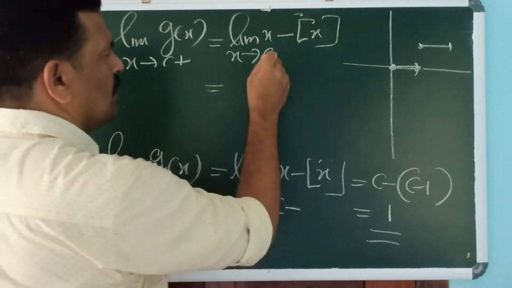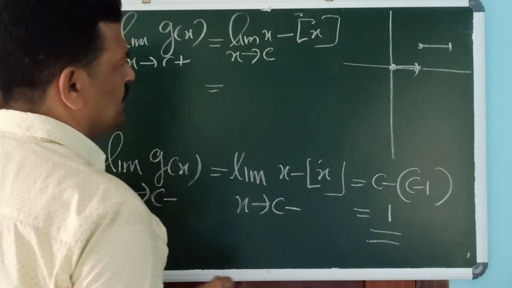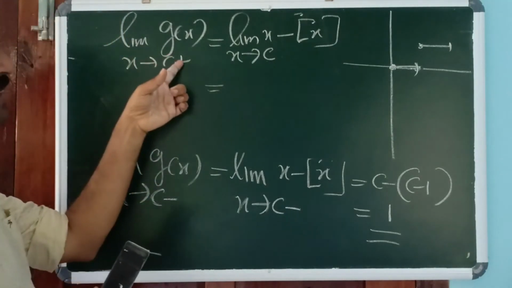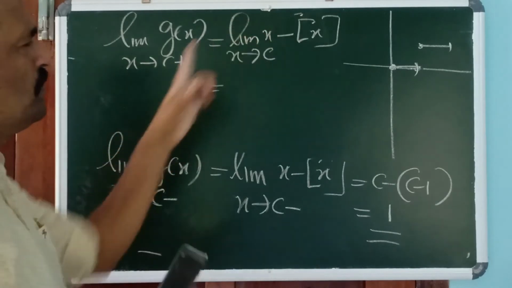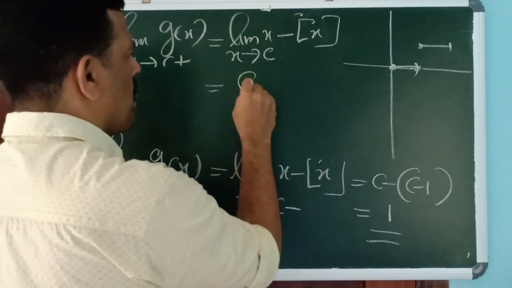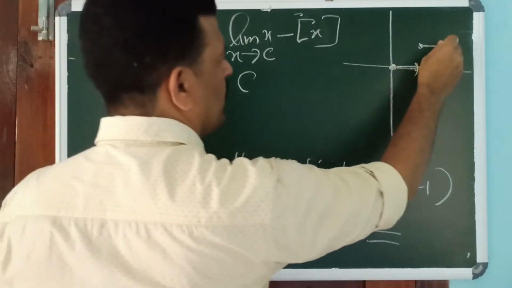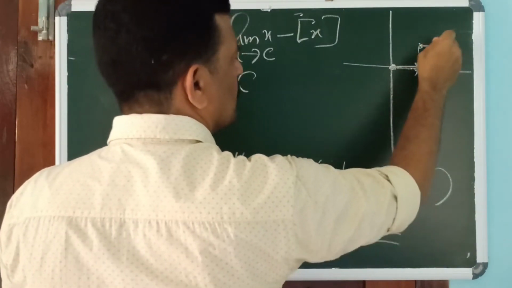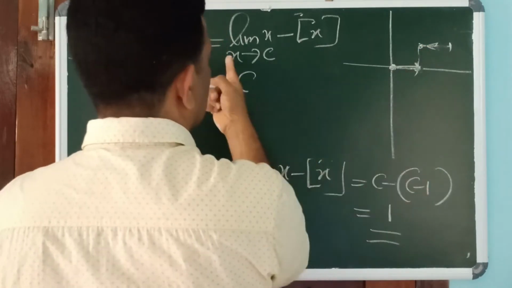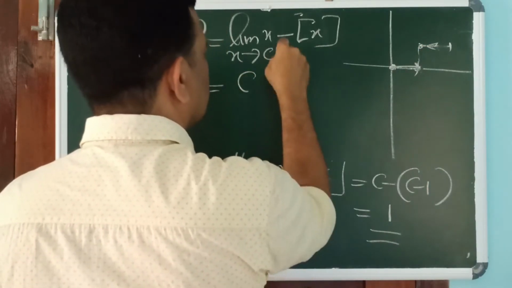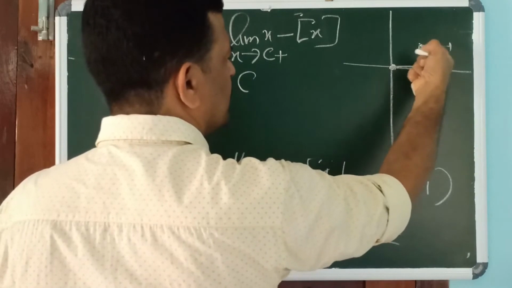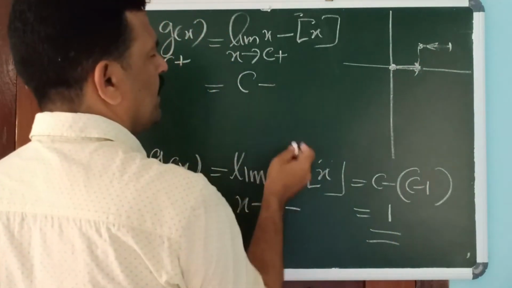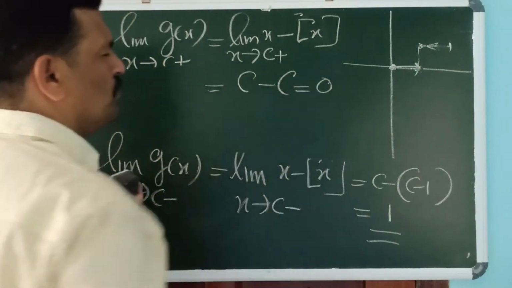If x is tending to C and it is greater than C, the greatest integer function is C. Also, if C is here, x tends to C plus means it is tending to C and it is to the right of C. Now we can write it as C. It is equal to C.